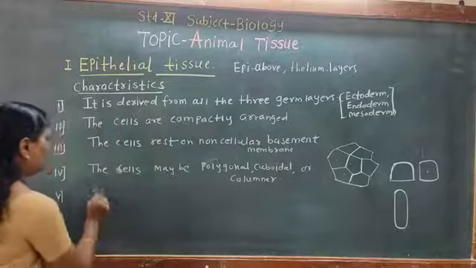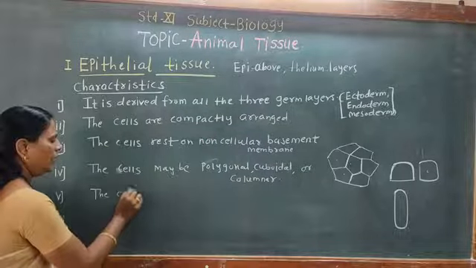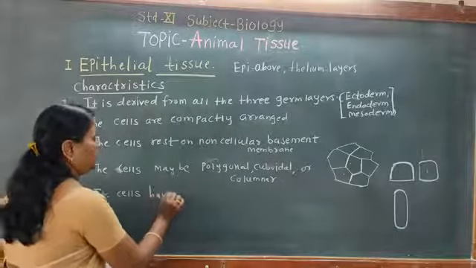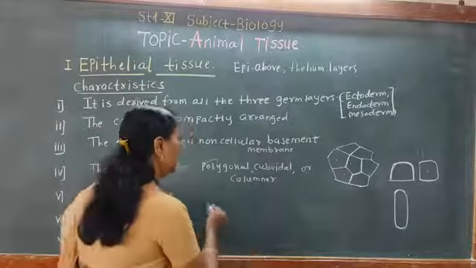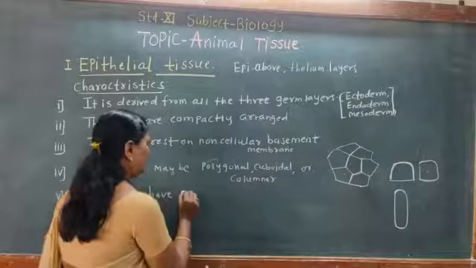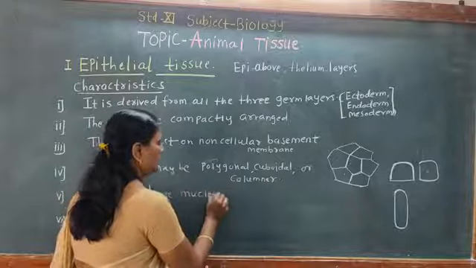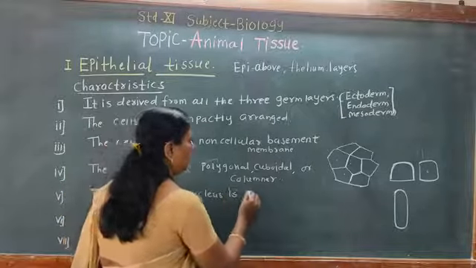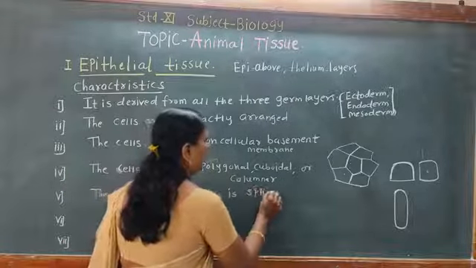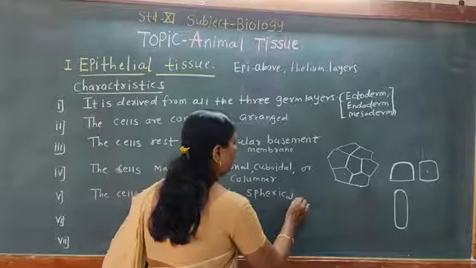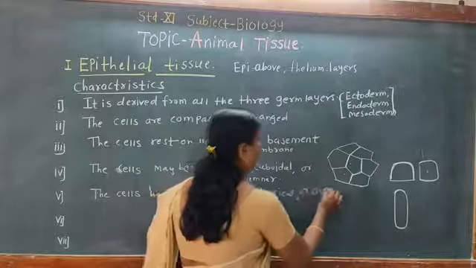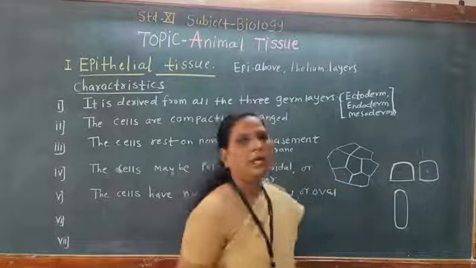The next, the cells have a nucleus which is present at the center. The nucleus is mainly spherical or oval. Where is it present?